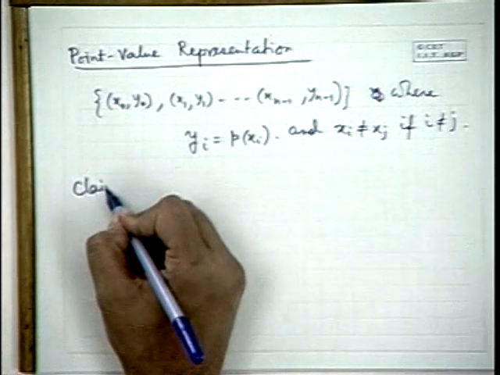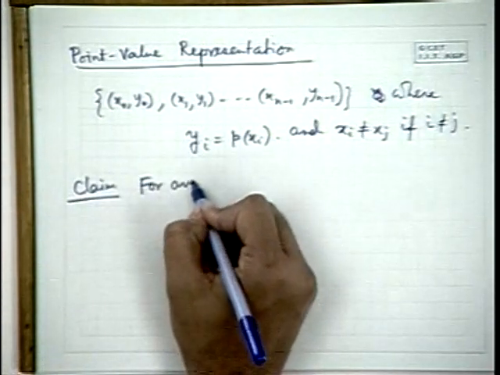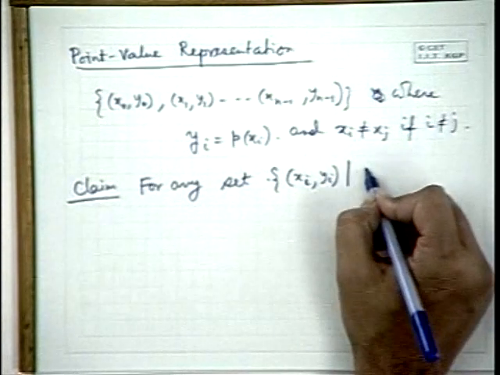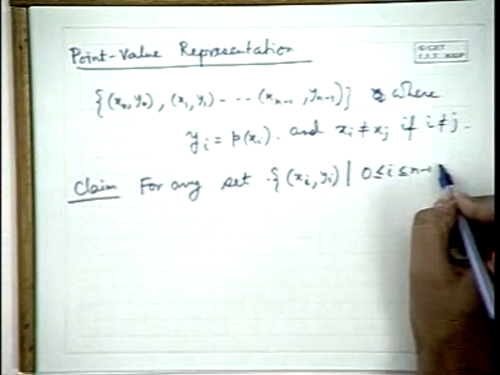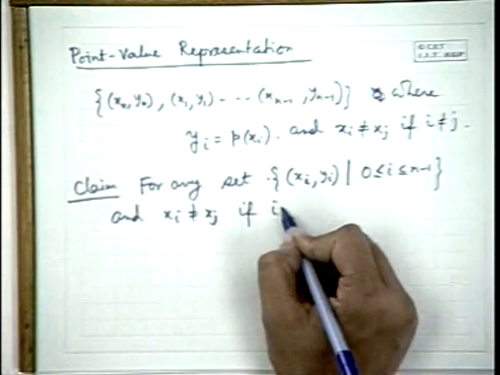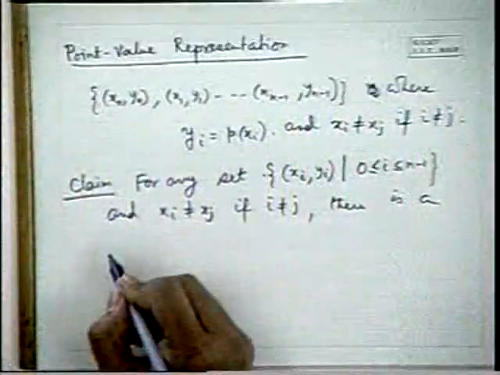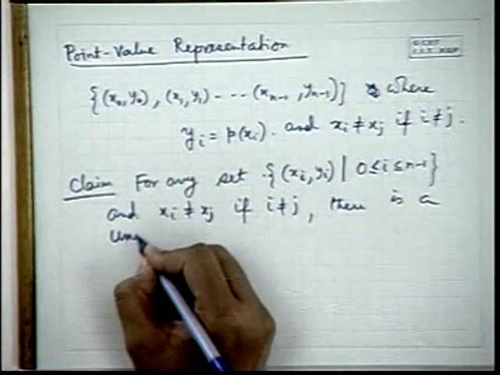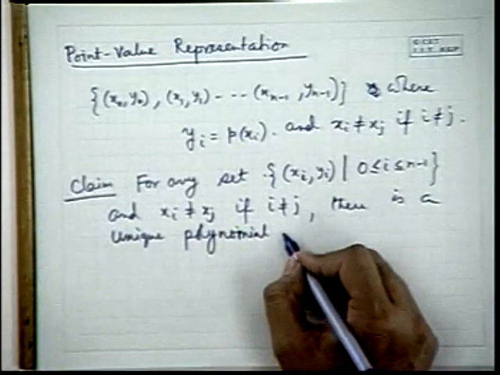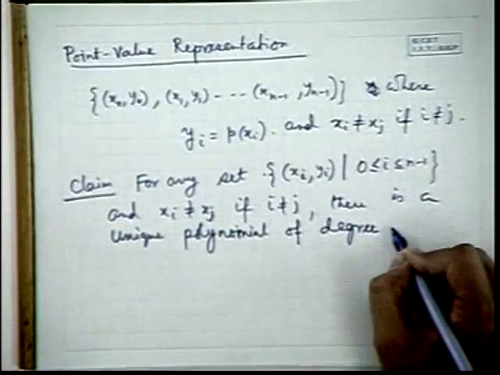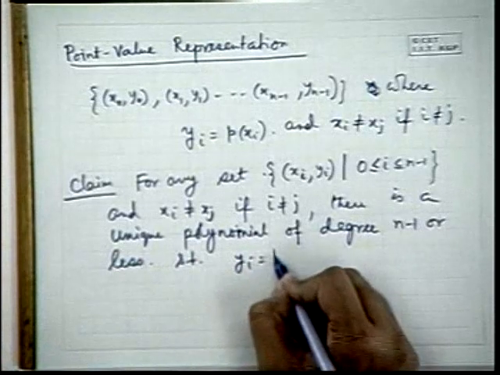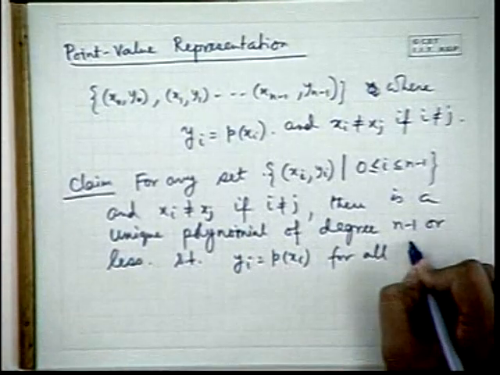So the claim is, for any set of xi, yi where i is going from 0 to n minus 1, and xi not equal to xj if i not equal to j, there is a unique polynomial p of x of degree n minus 1 or less, such that yi is equal to p of xi for all i. So this is the claim.